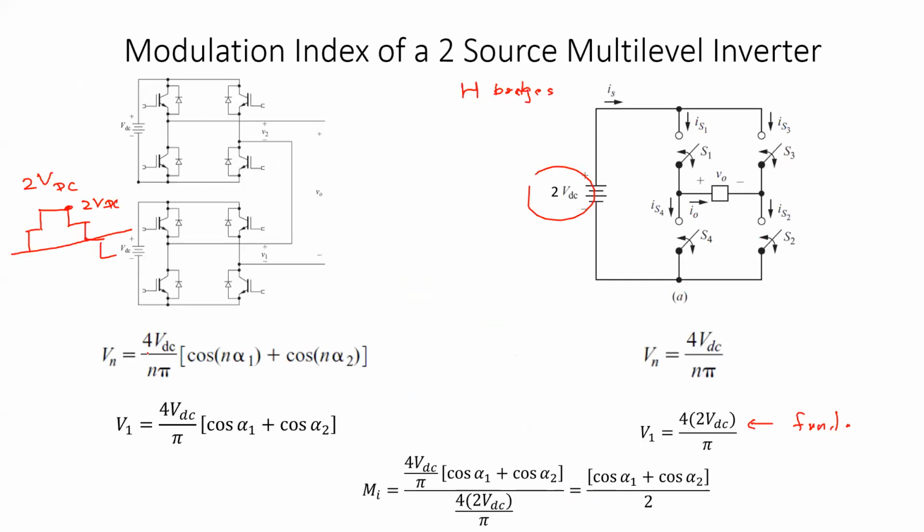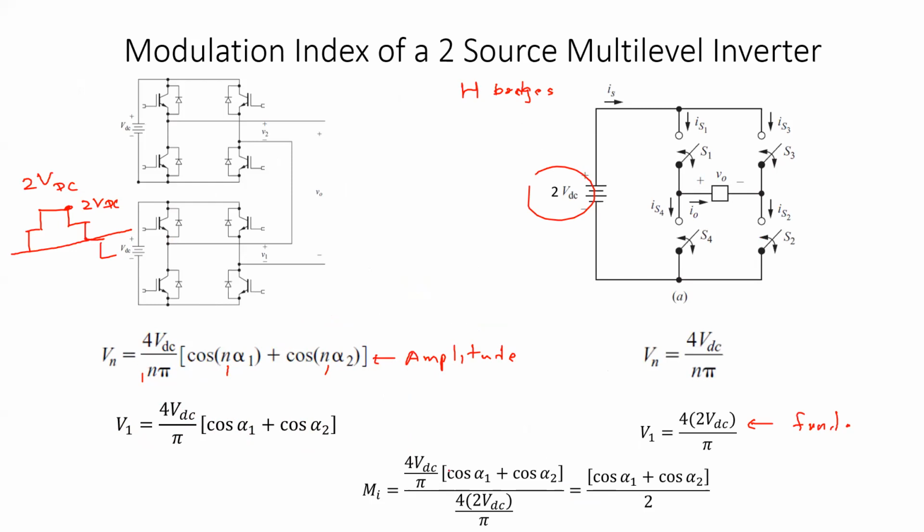So here we have taken that expression, and for VDC over n5 we have that amplitude expression. So this is only the amplitude. Okay, don't get confused. And V1 is VDC over 5, cos alpha 1 plus cos alpha 2. Since n is 1, this will be the fundamental amplitude of a multi-level inverter.